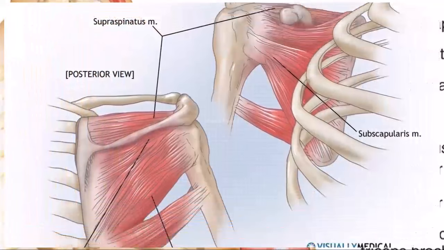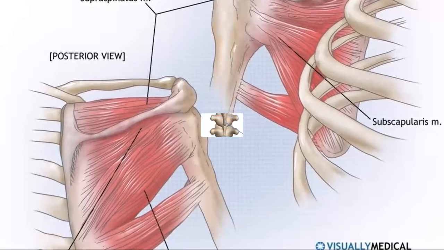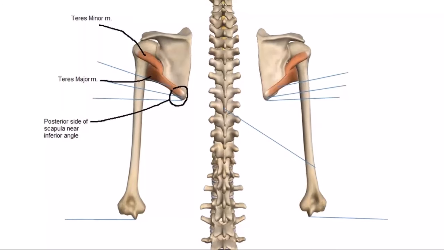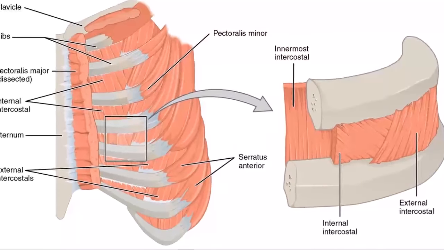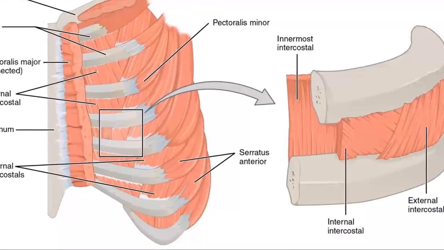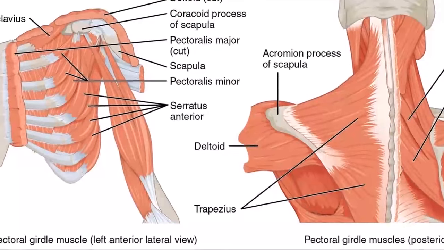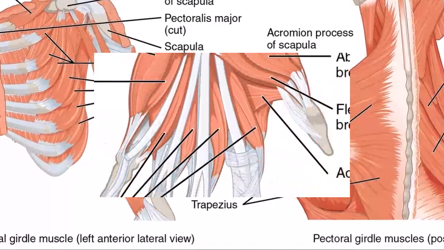Let's start by covering the origin point of the long head of the biceps. There is only one origin that you need to remember, and this is the supraglenoid tubercle of the scapula. This is above the socket of the scapula, and it lies within the capsule of the shoulder joint, but still being extrasynovial.